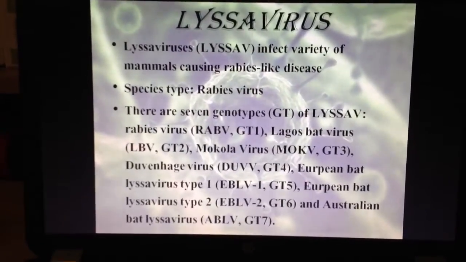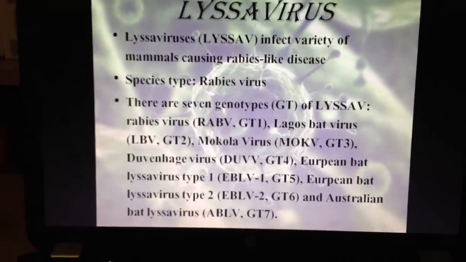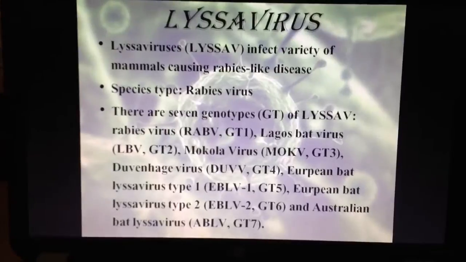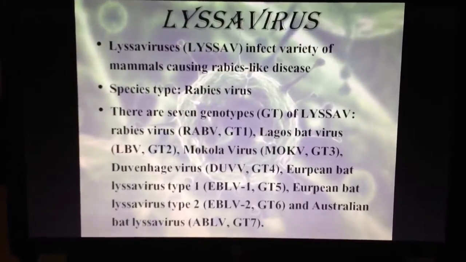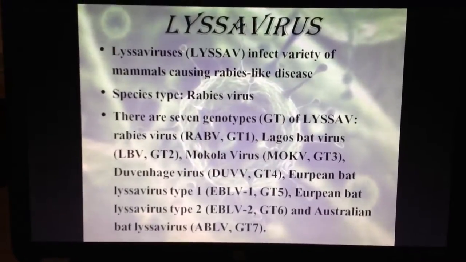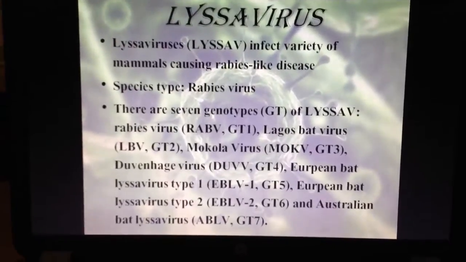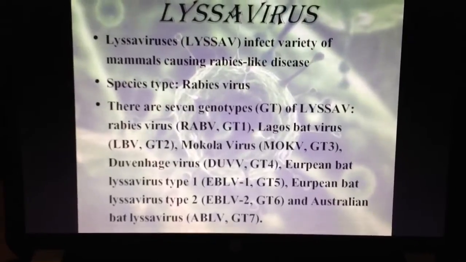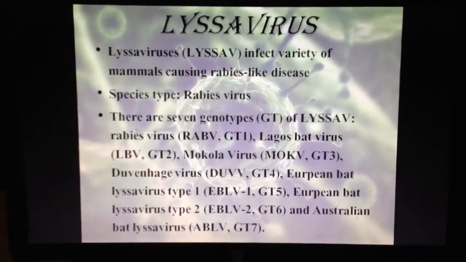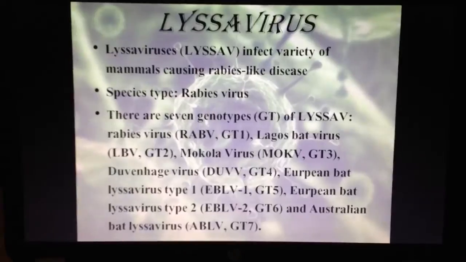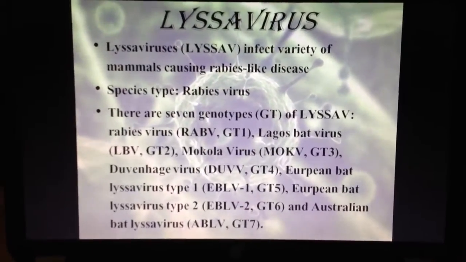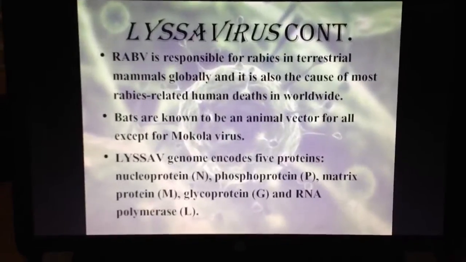There's rabies virus genotype 1, Lagos bat virus genotype 2, Mokola virus genotype 3, Duvenhage virus genotype 4, European bat lyssavirus type 1 genotype 5, European bat lyssavirus type 2 genotype 6, and Australian bat lyssavirus genotype 7.